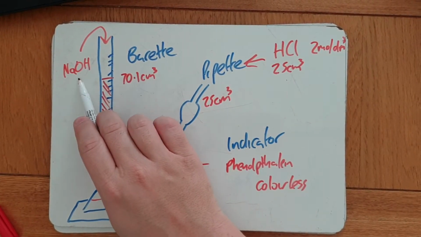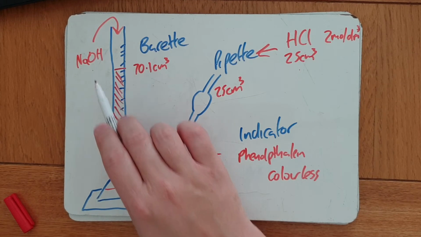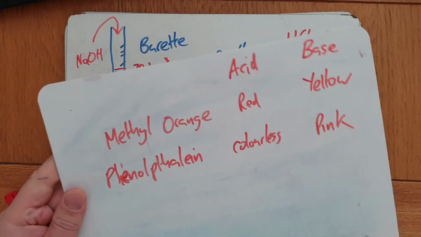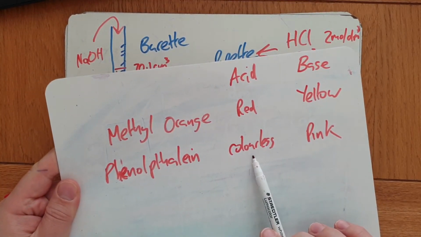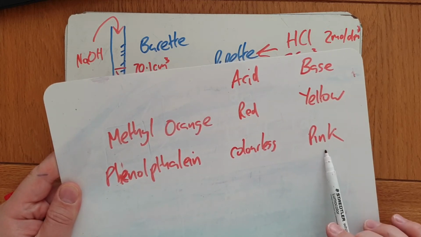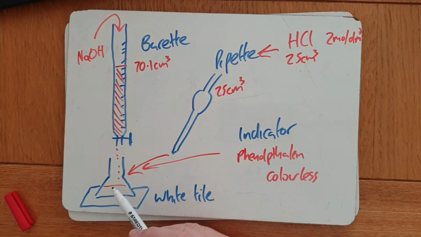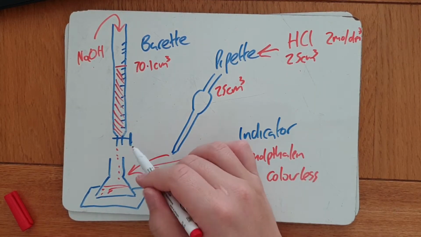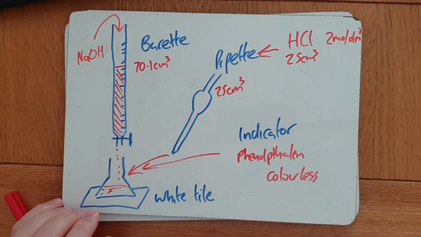When we've added the perfect amount, it will have neutralized it, and it won't be an acid anymore. We'll have added enough to shift it across into a base, and the whole thing will turn pink immediately. And then you turn off the tap, and you look at the end of it.